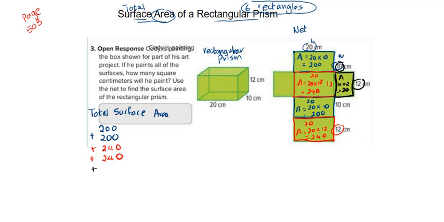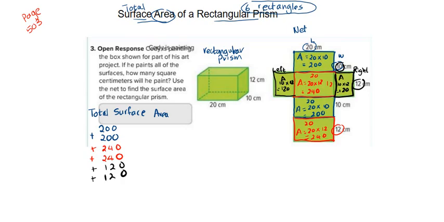So we know we're going to add 120 two times, because even the left side will also be identical to the right side. The area here will also be 10 times 12, which is 120. Remember, this is the left side and this is the right side. They are matching each other.